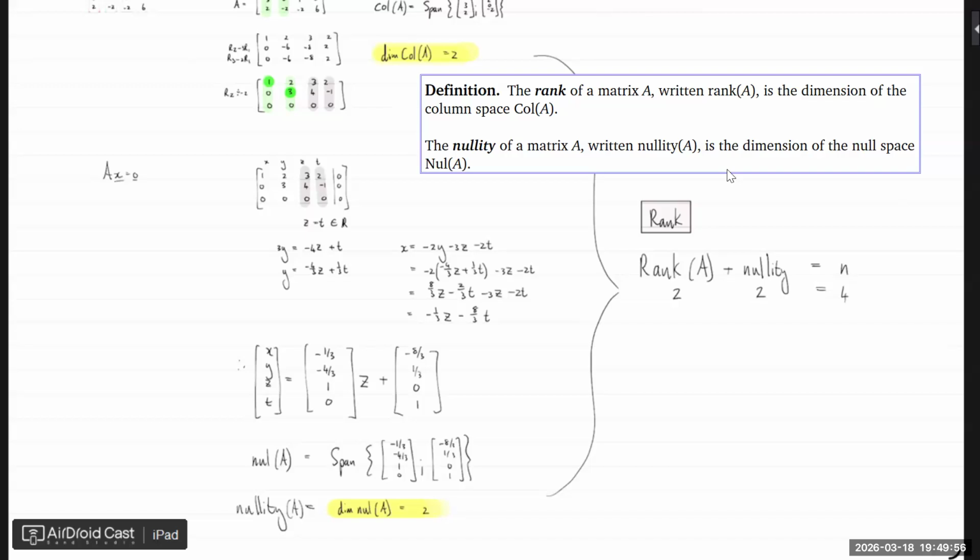So let's say you have a 5 by 23 matrix, and you've calculated that in the end, the rank was 17, meaning there were 17 important vectors. There were 17 pivot positions, pivot columns. Without doing any calculations, what will be the nullity?